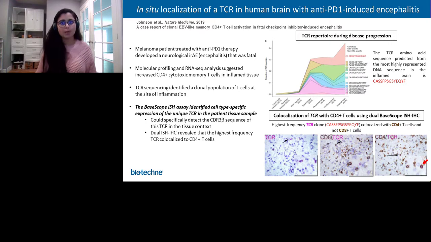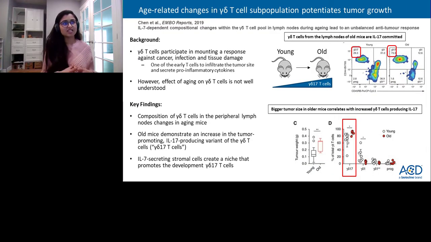So using our BaseScope assay and specific probes against TCR, they were able to visualize this population and co-localize with the right immune cell marker to identify the exact population of T cells. In this other example, this group of researchers was studying the gamma delta T cell population and the changes in this T cell population as it relates to potentiating tumor growth.